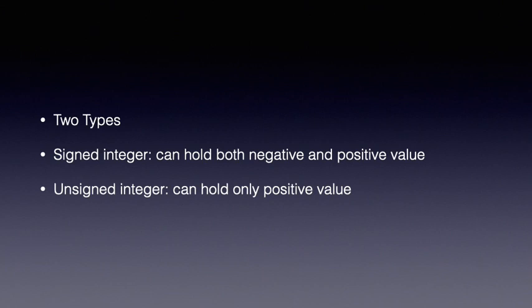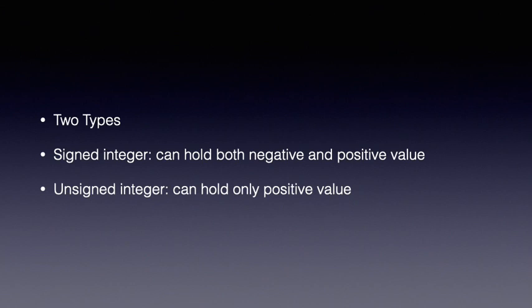And again, if you're storing something in the blockchain, you have to pay fees for that. So it is really important to keep your code very concise, and the storage should not take up too much space. As I was saying, a signed integer can hold positive or negative values. An unsigned integer can hold only positive values.